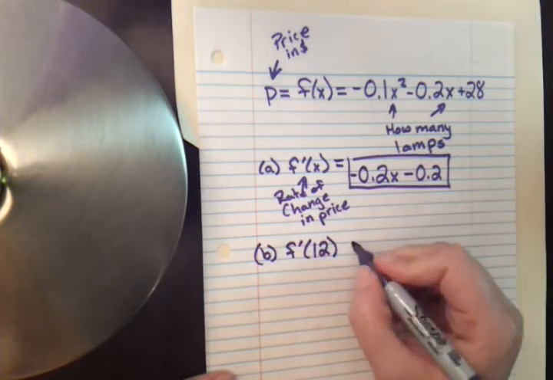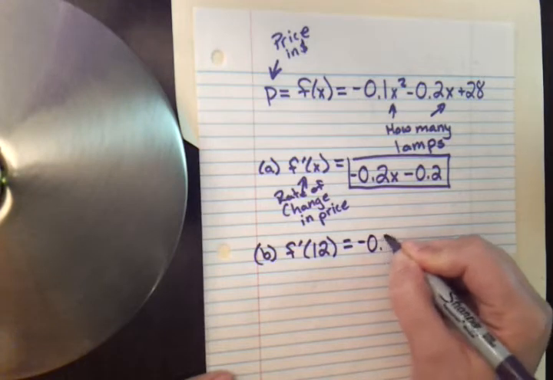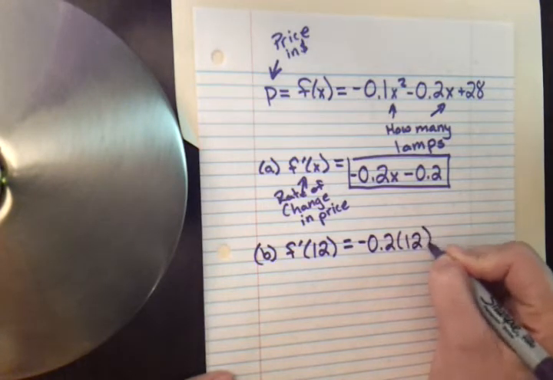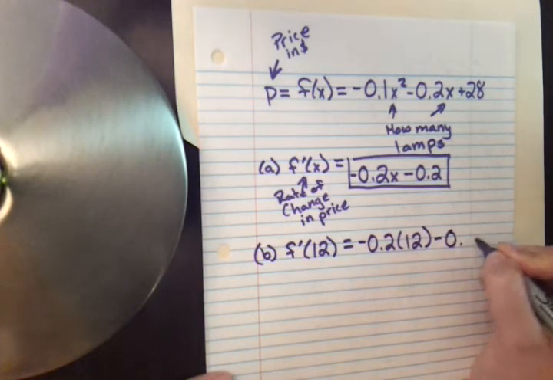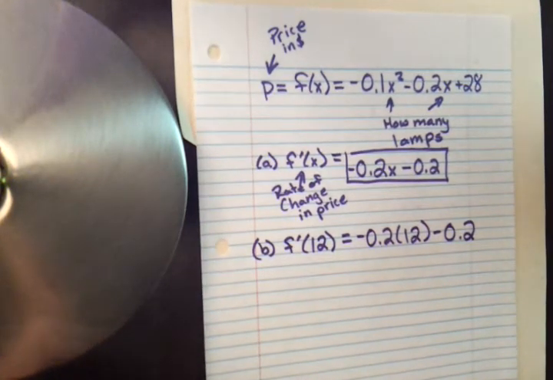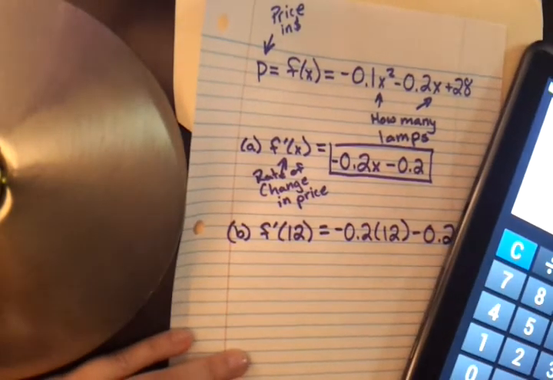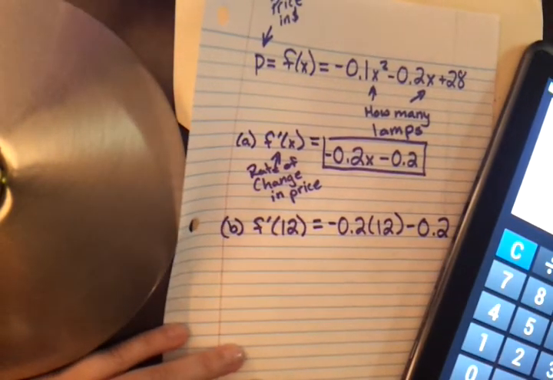So we need f prime of 12. Well, that's going to be negative 0.2 times 12 minus 0.2. If you are comfortable doing this kind of math in your head, you're more than welcome to, but to avoid mistakes I would encourage you to pull out your handy-dandy calculator to help you solve these without too much trouble.